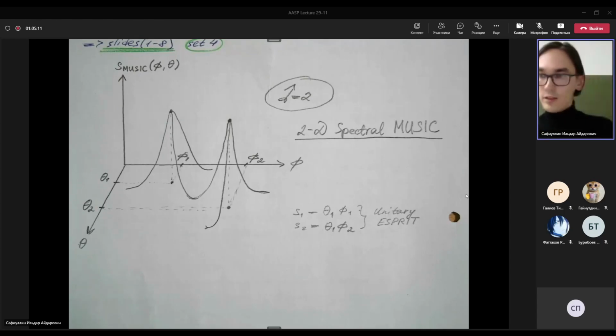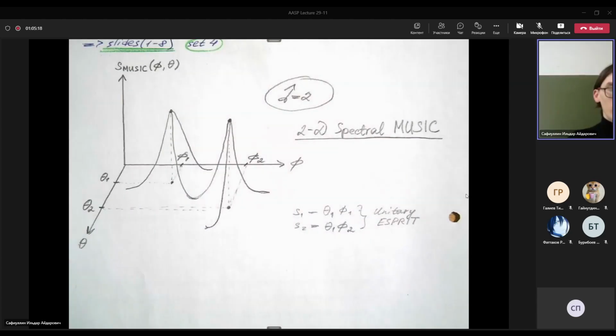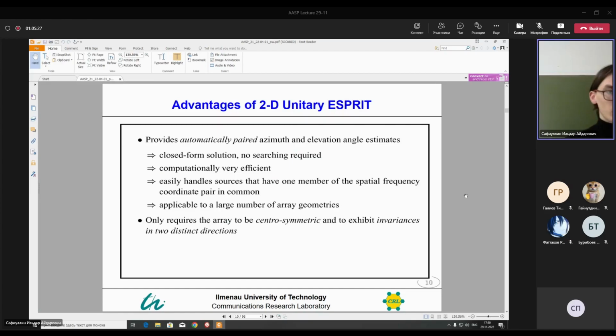And the main idea, as before, for ESPRIT type algorithms, we can use different array geometries, but the main idea is they should be centrosymmetric. So we will see it next.